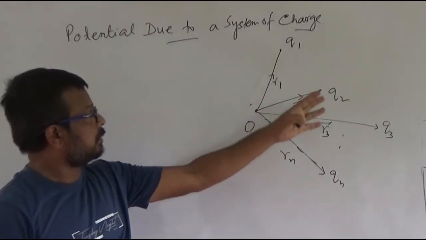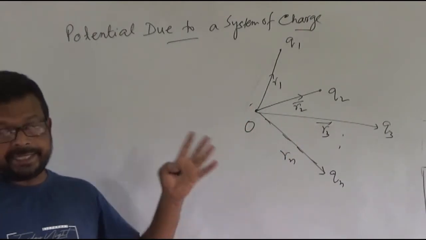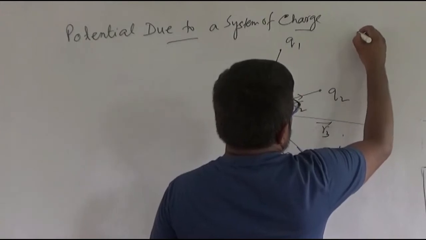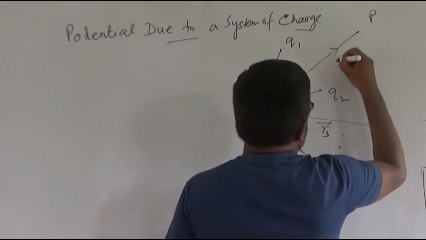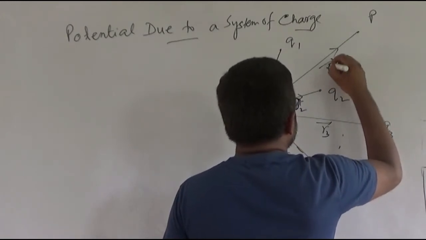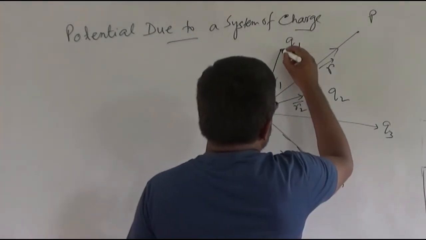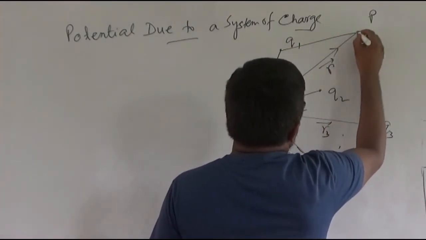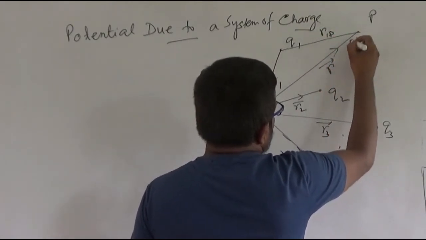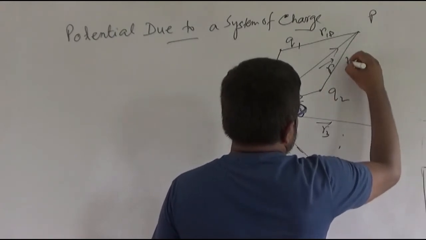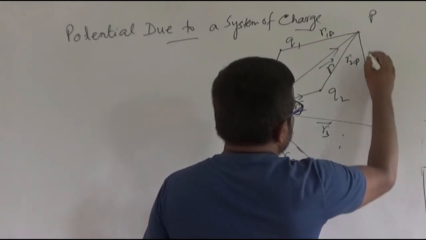Due to this charge configuration, we have to find out the potential at any point P. Let us say this is point P, whose position vector is R. Now, the distance of P from Q1, we can write as R1P, this as R2P, R3P.